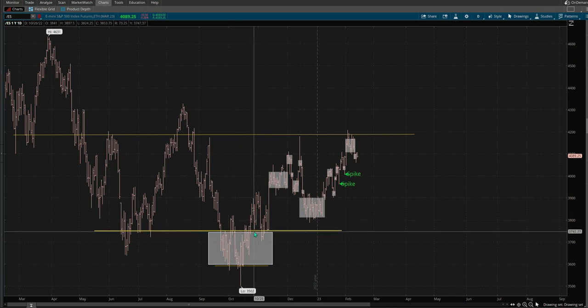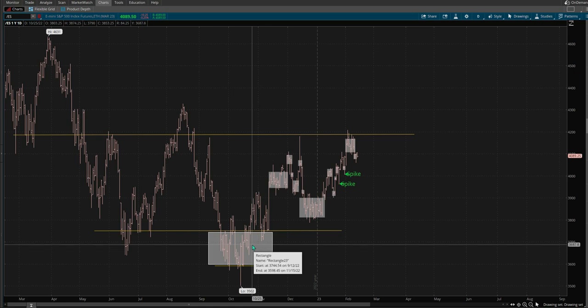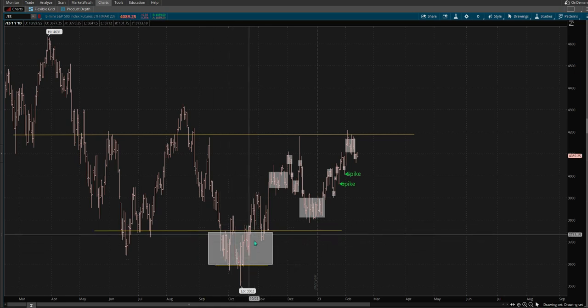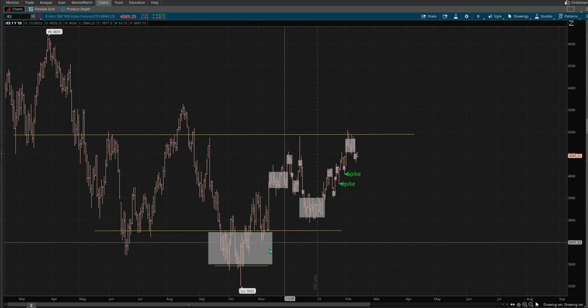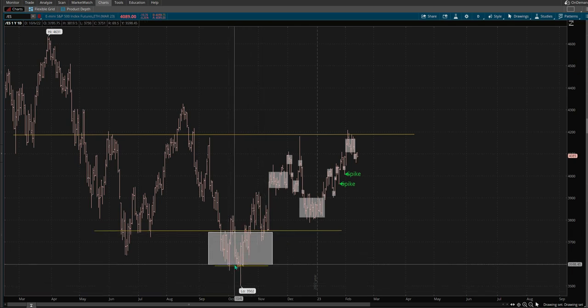So even though that was a resistance line, it can still go through if it's ready to do that, because it's been channeling for a long time, and then it just pops right through. And then it comes back, it tests that line and goes through. So you can't use this as a reference as far as saying this line came up here and stopped, so now it's got to come all the way down and break. It doesn't happen that way.